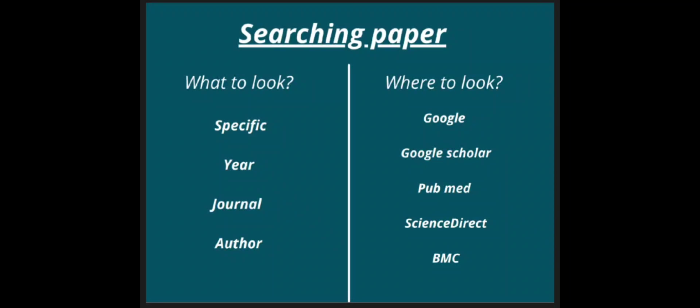Next comes where to look for it. I know most students and researchers just Google it, but Google returns a lot of data and most of it is not authenticated research. I always recommend you to read good papers that are peer reviewed and cited in indexed journals.